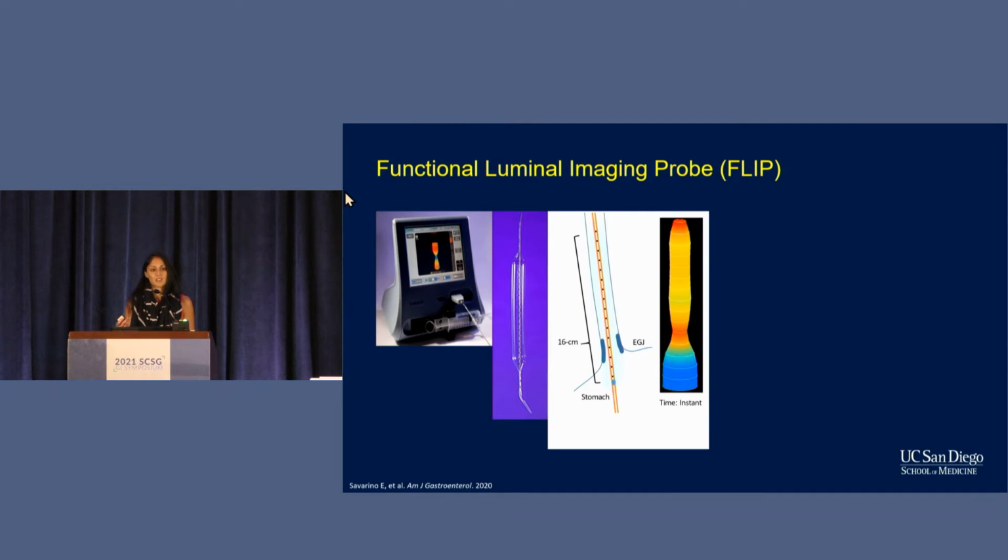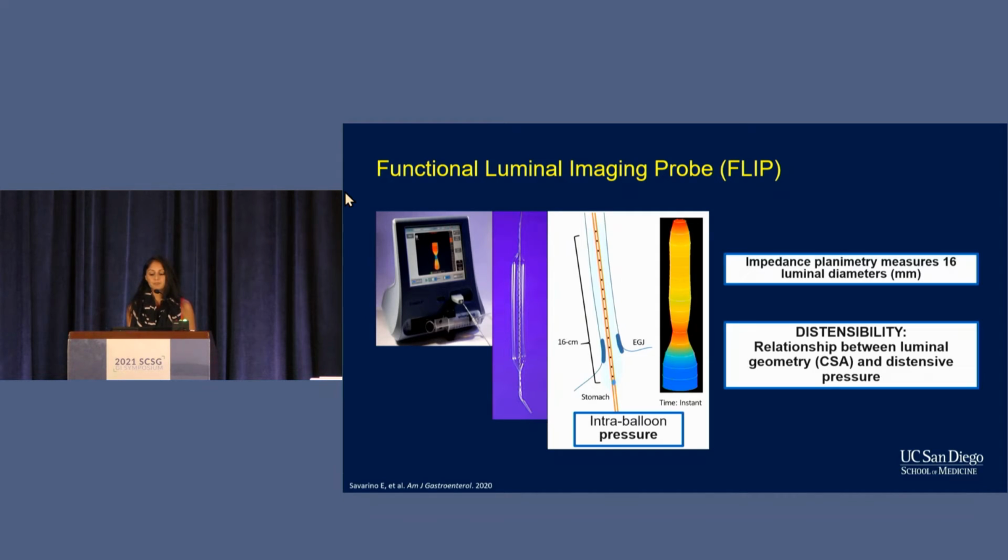When the catheter is placed, typically during a sedated upper endoscopy, it's transorally placed, and the goal is for the catheter to traverse the esophagogastric junction, have a couple sensors in the stomach, and then the balloon is filled. There's a mechanical pump in the FLIP system that fills the balloon.